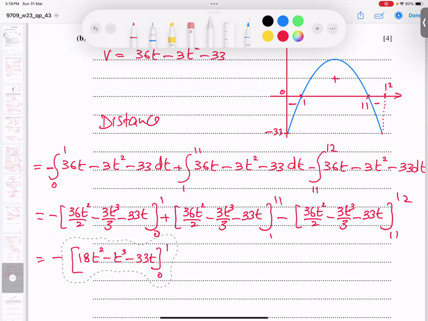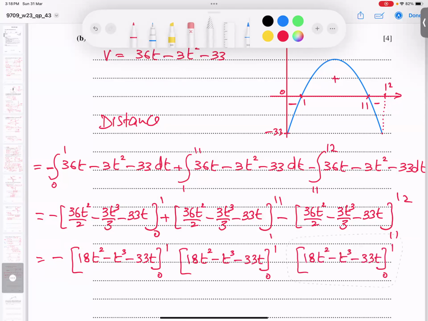Let me check the 18 times. Yes, correct. So copy, paste, and paste here. This is positive and this is negative. This is 1 to 11, and this is 11 to 12.